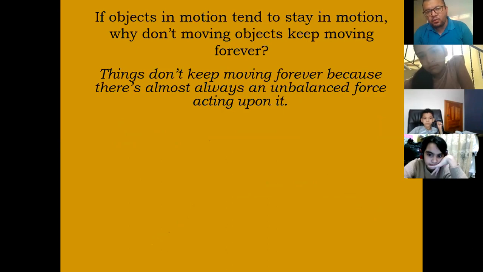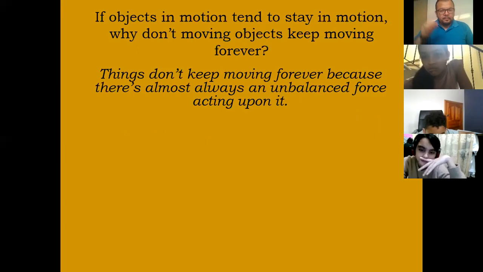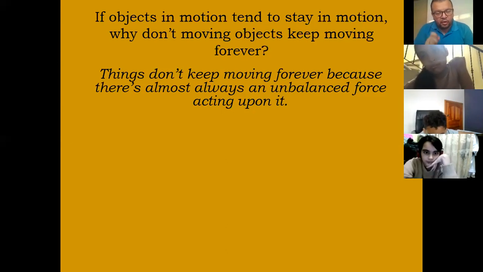If objects in motion tend to stay in motion, why don't moving objects keep moving forever? For example, things don't keep moving forever because there is almost always an unbalanced force acting upon them. That is the thing I already explained to you, right?